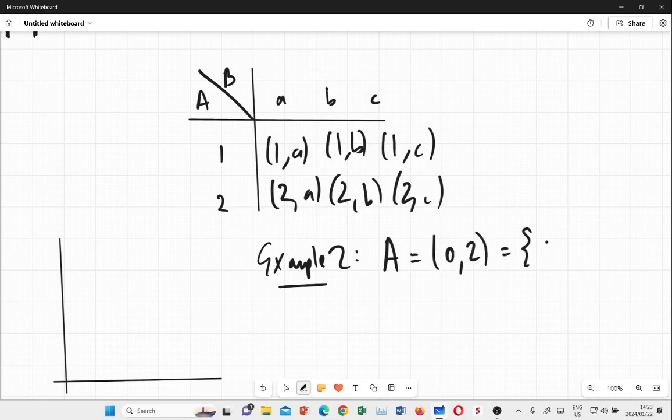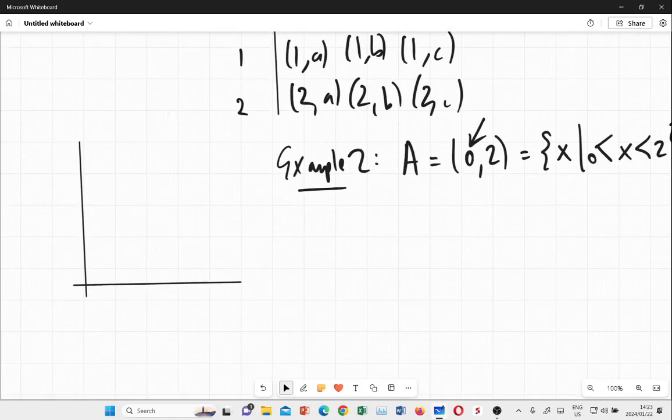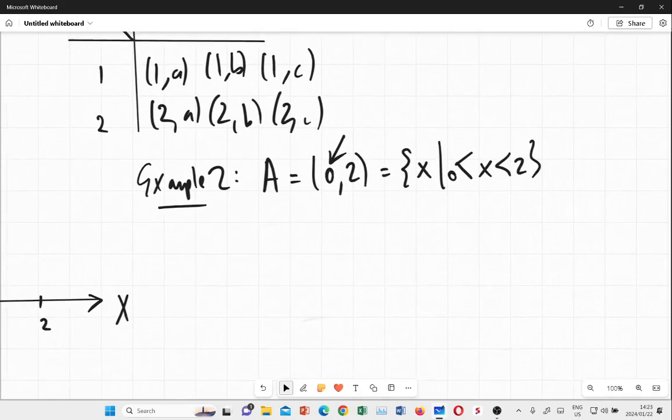So these are all the numbers starting from 0 but excluding 0, and up to 2. If I depict A as the set of all the numbers from 0 up to 2, so that is A.